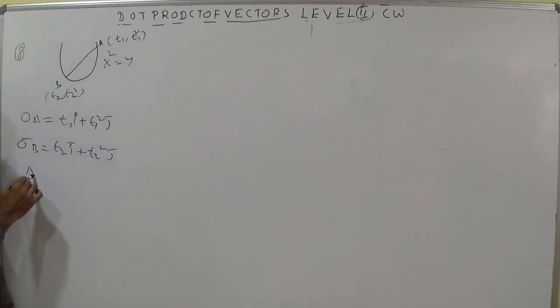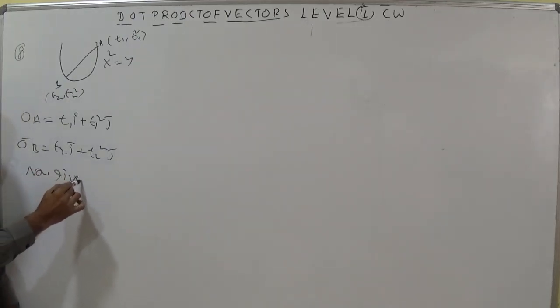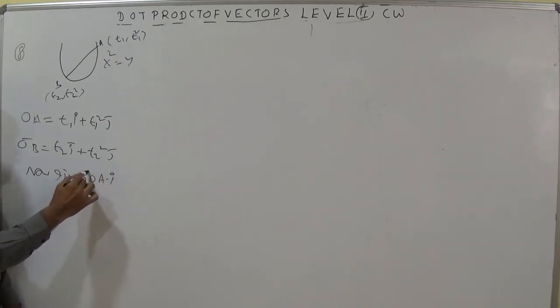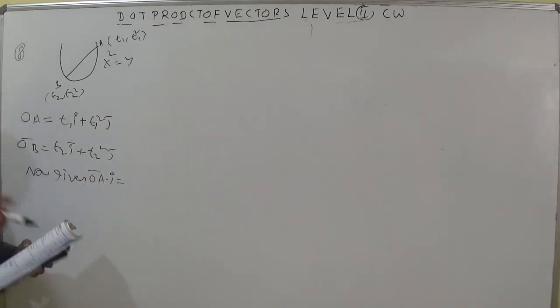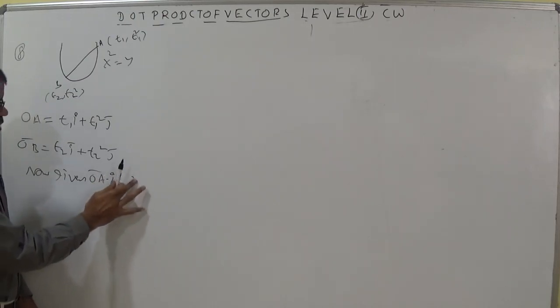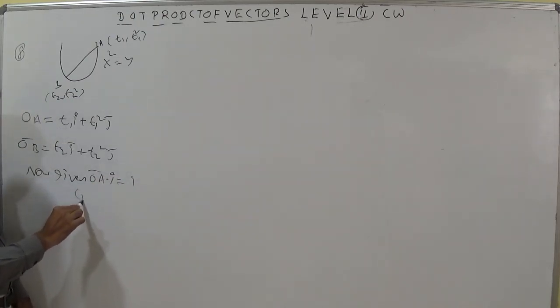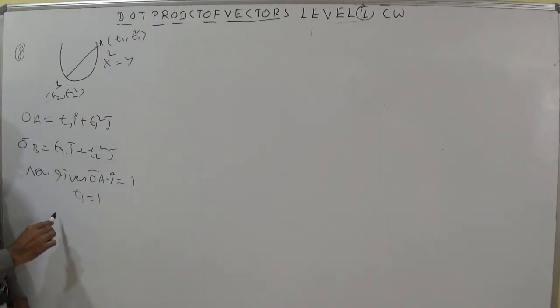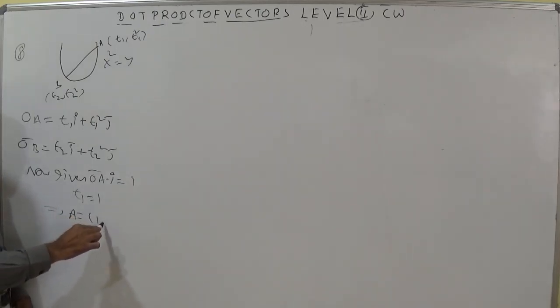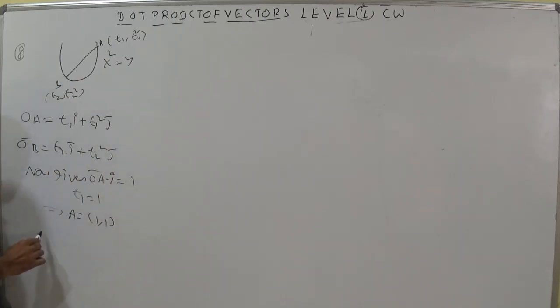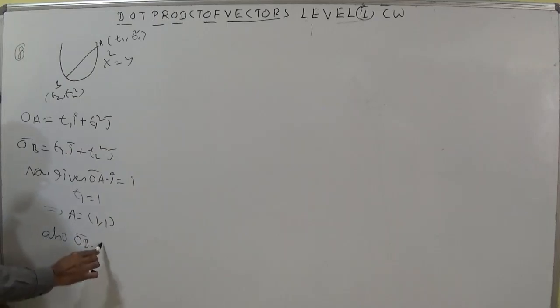Now he has given the condition. By condition we have OA dot i bar is equal to 1. OA dot i bar, so with i only multiplying, you will get the value t1 equal to 1. Whenever you get t1 is equal to 1, A you can write as 1 comma 1 simply. Now he has also given the condition OB dot i is equal to minus 2.